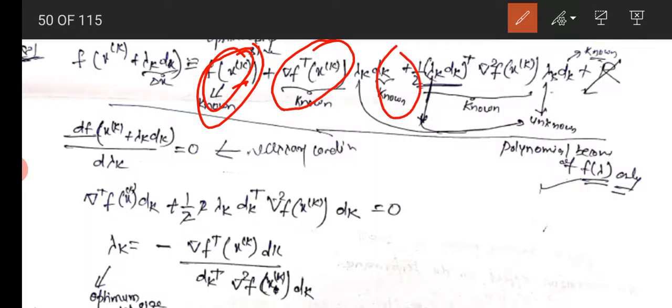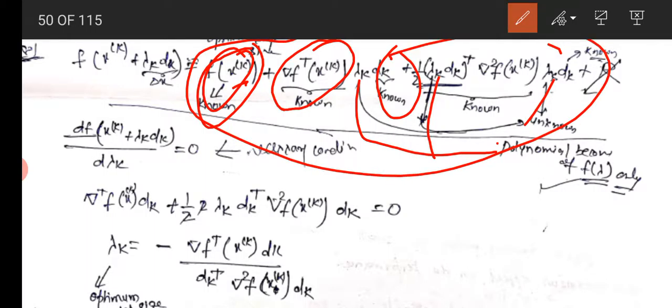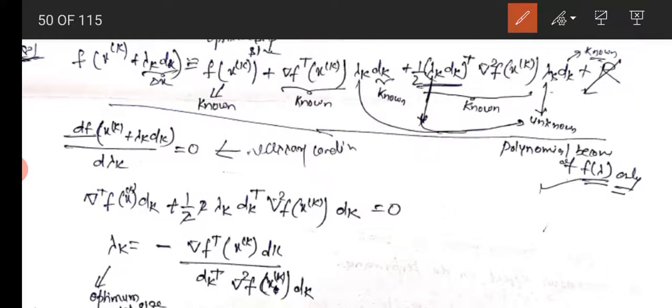The dk is also known. The lambda is the unknown value. All the values in this equation are known except lambda. So to find the optimum, you differentiate this with respect to lambda and set it equal to 0.